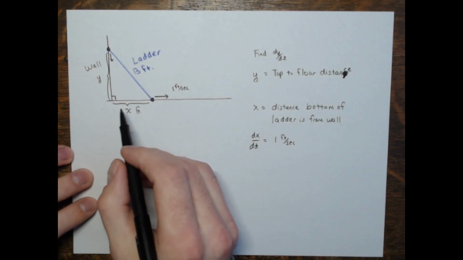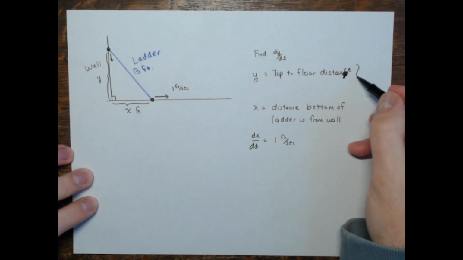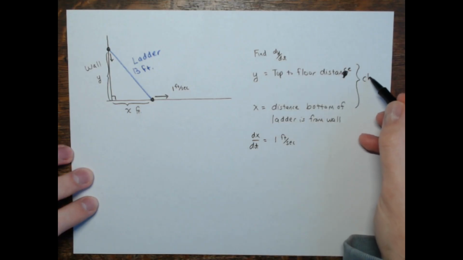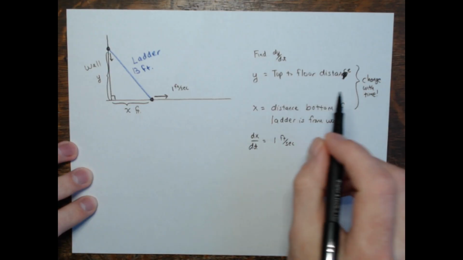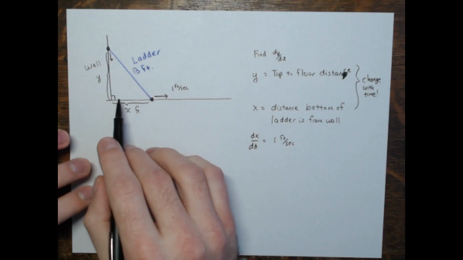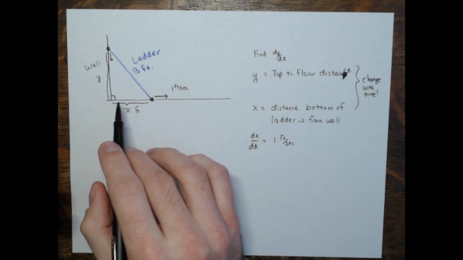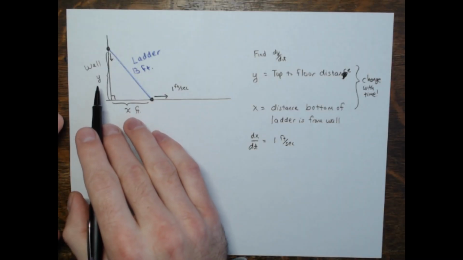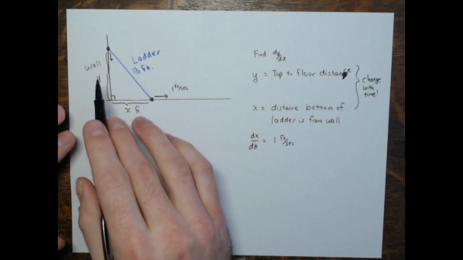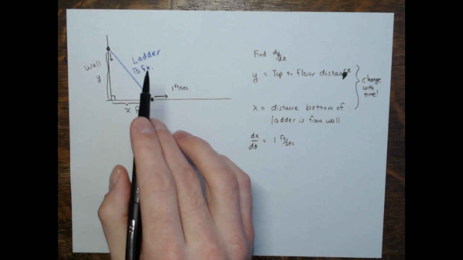Now, if you look at the picture, we've identified these things that change with time. Just remember all the other problems. You identify the quantities that change with time, and then you set up an equation involving them.